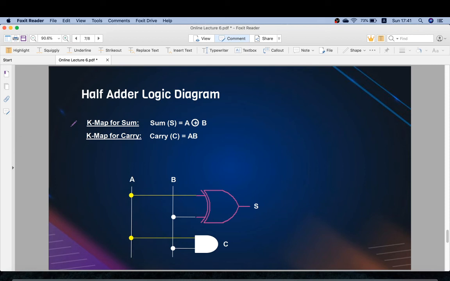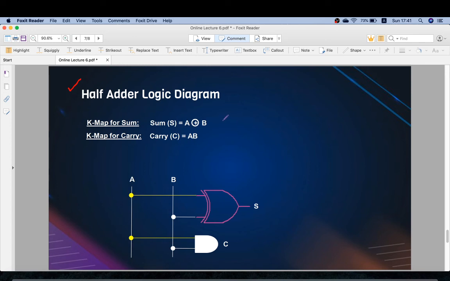Now it's the final step for the half adder, the logic diagram. As with other combinational logic circuits, the final step is always to make the logic diagram.